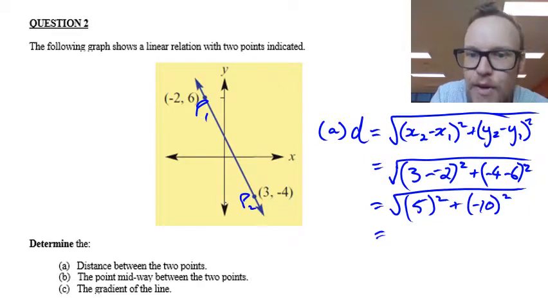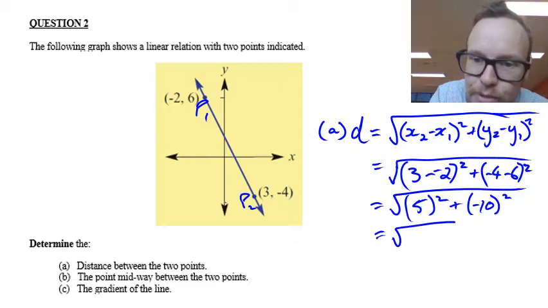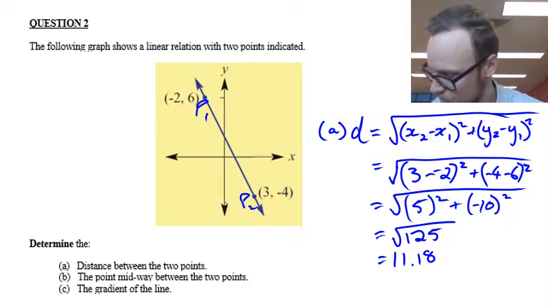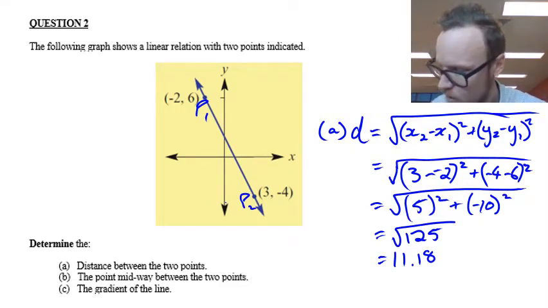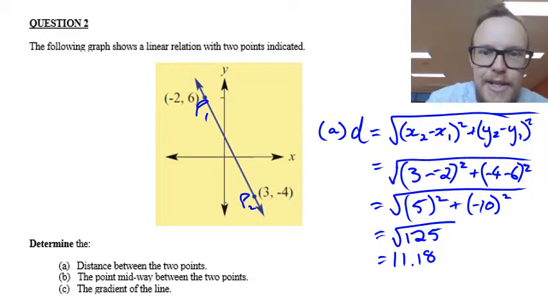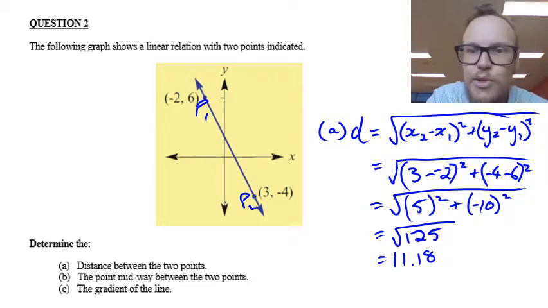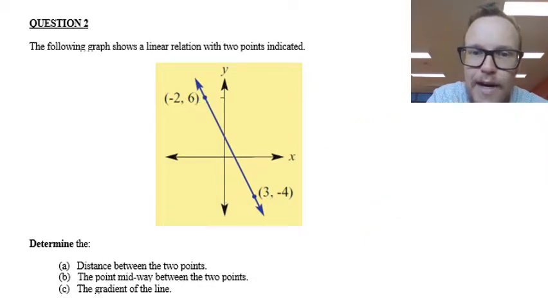So I get here 5 squared is 25, negative 10 squared is 100. So I get here the square root of 125, which ends up being about 11.18, I believe. I'm just going to double check that on my calculator. Yeah, 11.18 there. So that's the distance between the 2 points, 11.18.